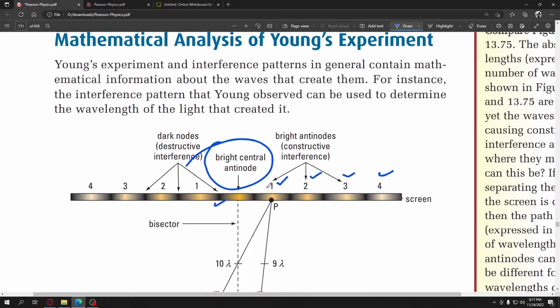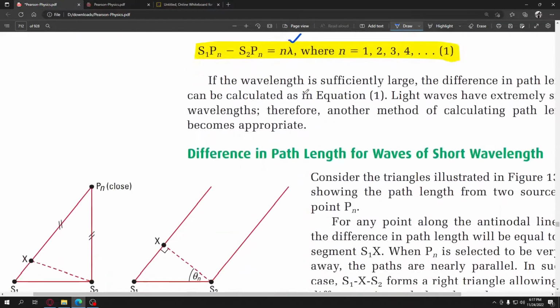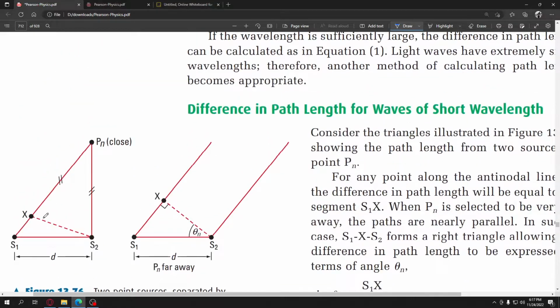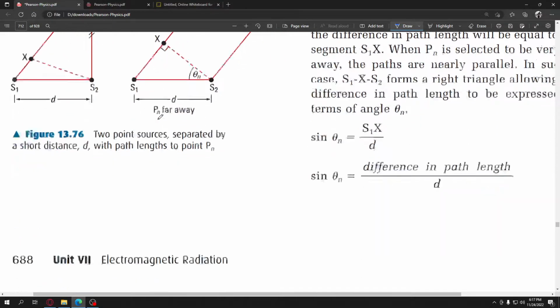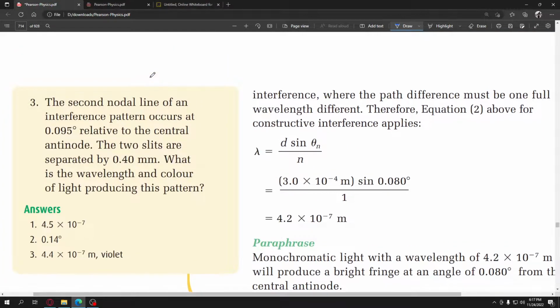Central antinode was this one. We have been noticing this angle so far. So the angle from the central antinode to the first node has to be found using the perpendicular bisector, which is shown here. And if we apply that to the math, from there we come to this: lambda equals d sin theta n by n.